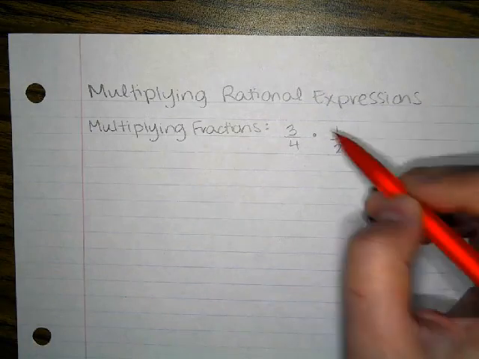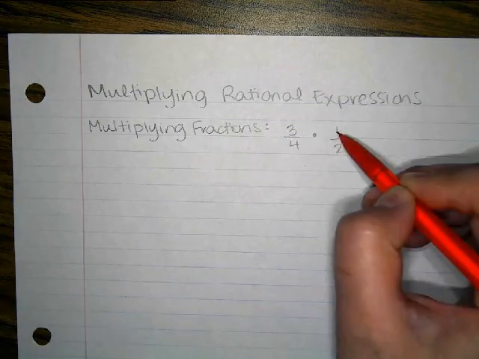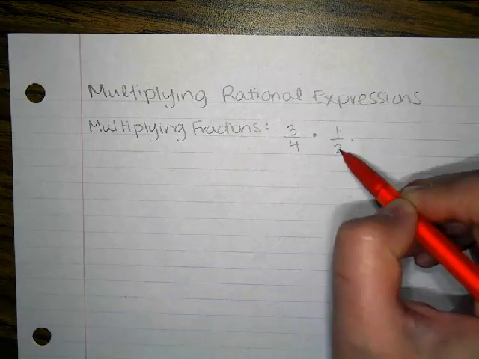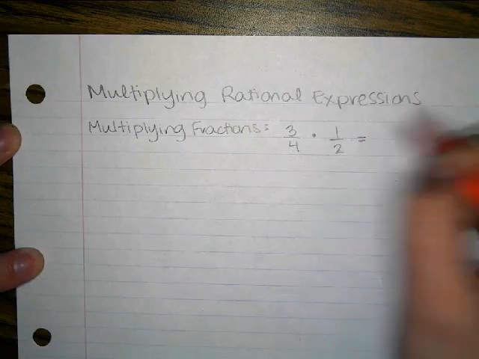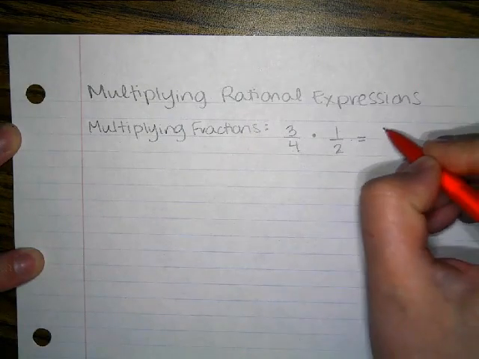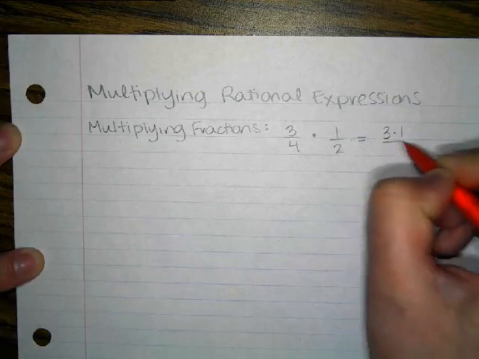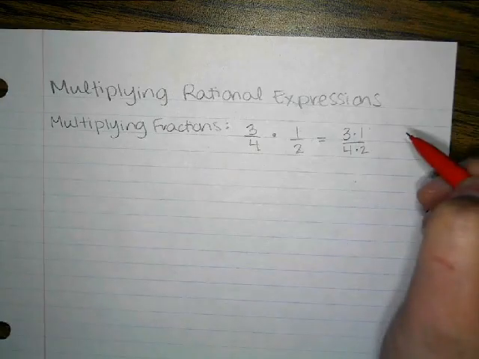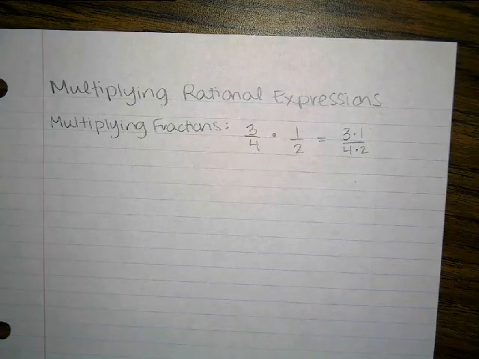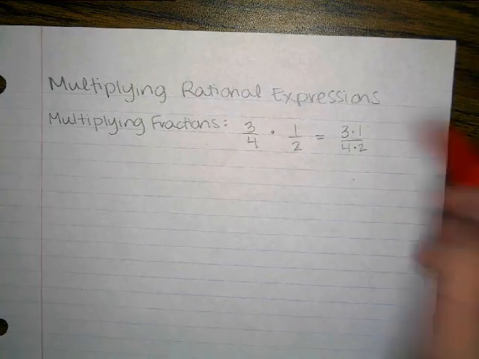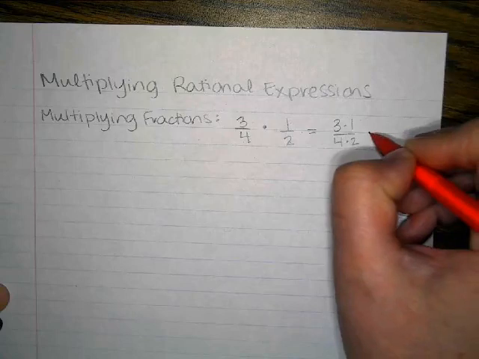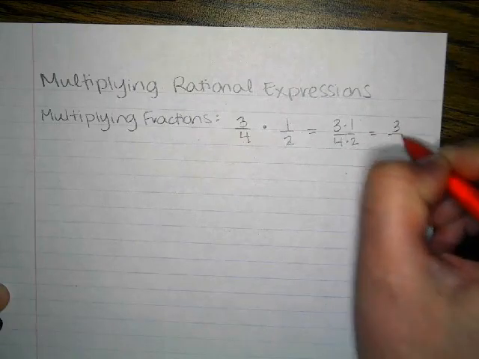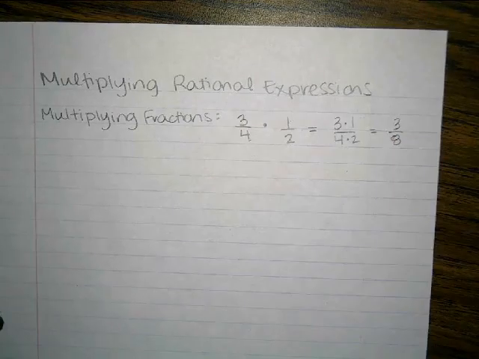Whenever you multiply fractions, you just multiply the top two together and you multiply the bottom two together. So this is 3 times 1 on the top and 4 times 2 on the bottom. You basically can just write it as one fraction with multiplication. And then 3 times 1 is just 3 and 4 times 2 is 8.